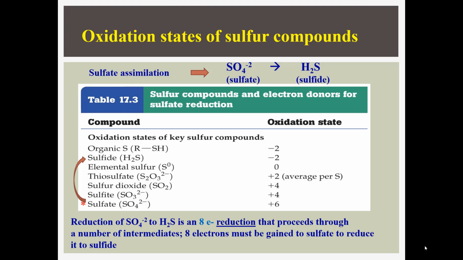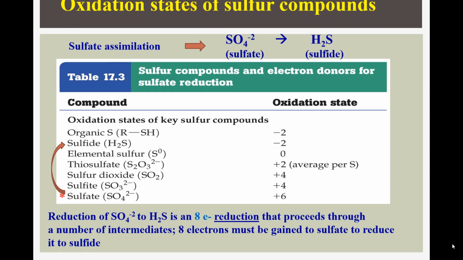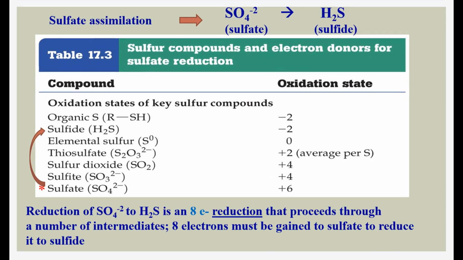This table shows you the oxidation states of sulfur compounds and electron donors for sulfate reduction. Let's go over this table. So organic sulfur has an oxidation state of -2. Hydrogen sulfide also has an oxidation state of -2. Elemental sulfur has a 0 oxidation state.